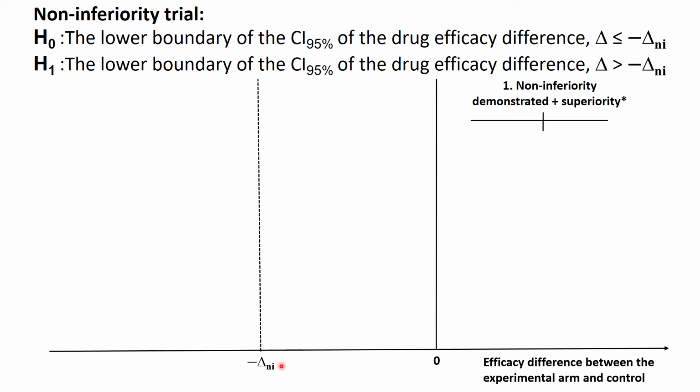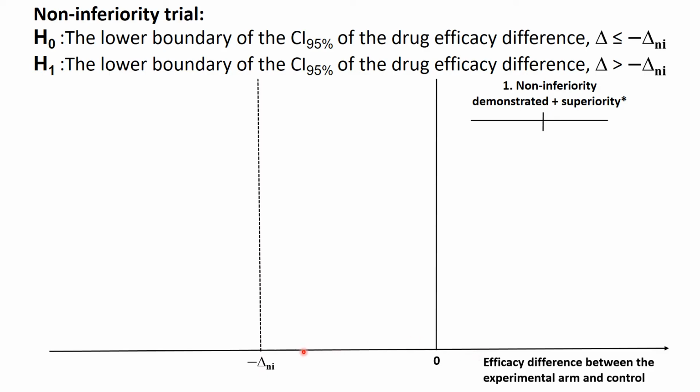That's what we said. But at point 0, what it means is that the two treatments have equal therapeutic effect. Beyond point 0, the new treatment is even superior to the existing treatment, in the sense that the difference has passed 0.